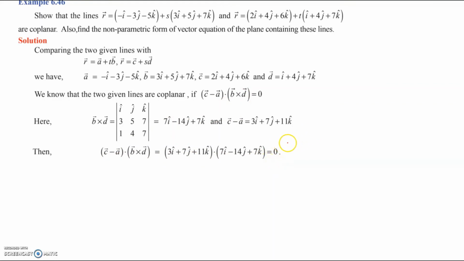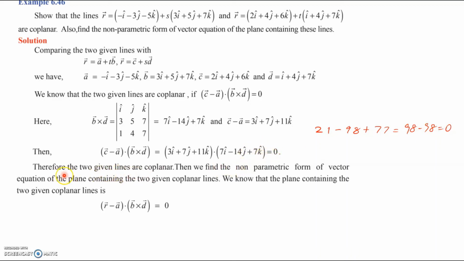Quickly showing this: 3 times 7 is 21, 7 times minus 14 is minus 98, and 11 times 7 is 77, which gives 98 minus 98, which is equal to 0.